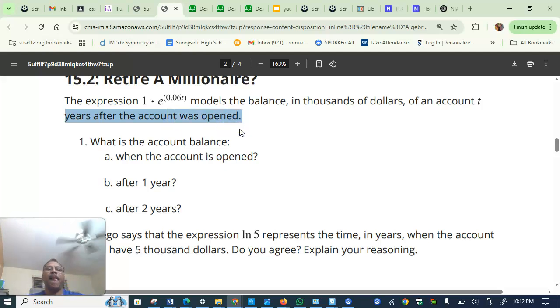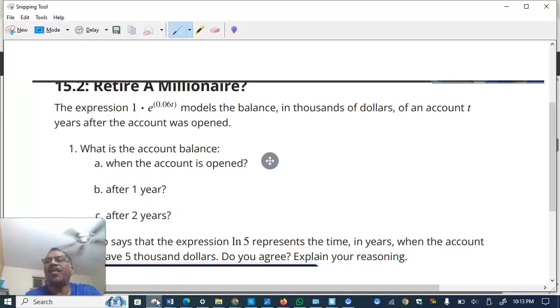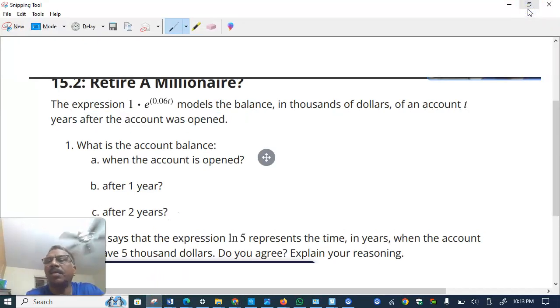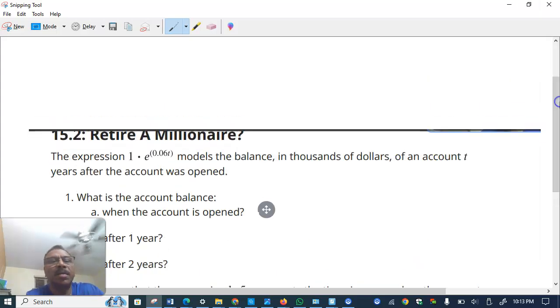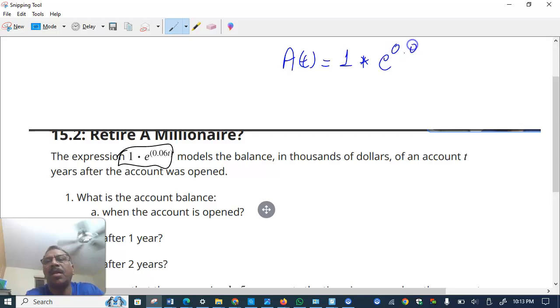Let's write down a function for this, even though they did not give us one: A of t, the balance amount after t years, is given by 1 times e raised to 0.06t. You have to think about what each of those numbers means. What does this one mean?